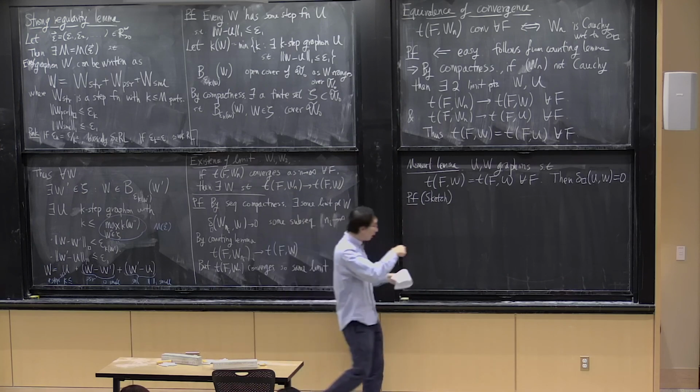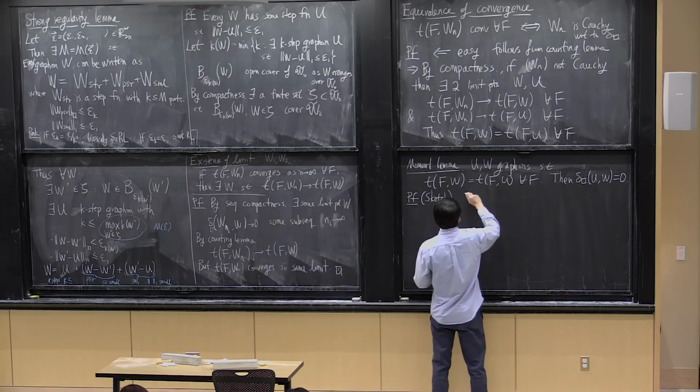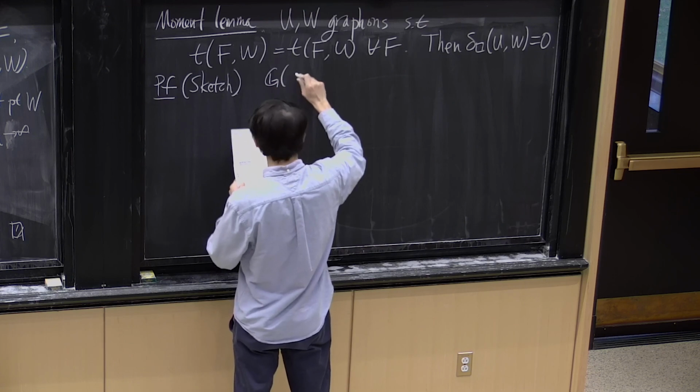The key here is to consider the W random graph, which we saw last lecture.